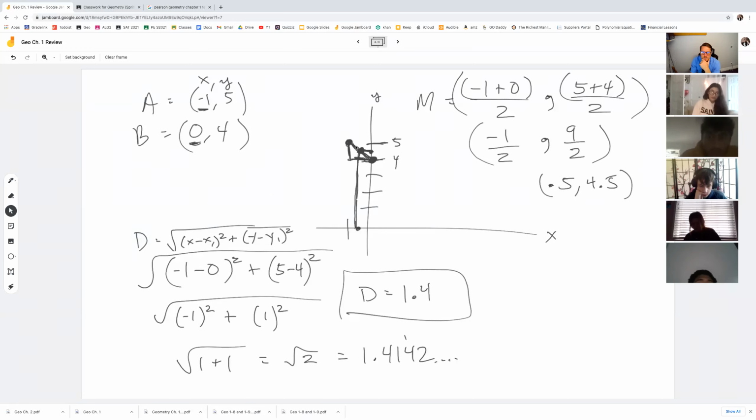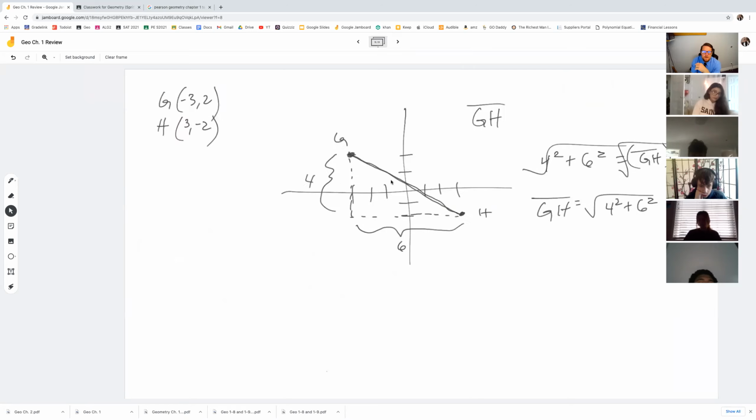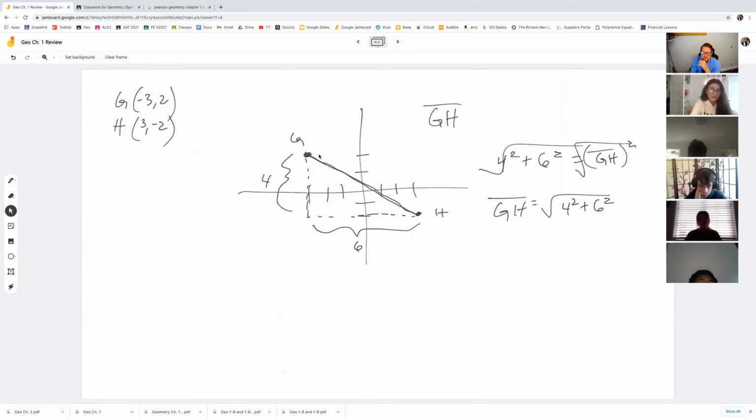The square root of 2 was our answer. You can simply find the length of each line by finding the difference between the points. 2 to negative 2 is a difference of 4 points. 3 to negative 3 is a difference of 6 points. So GH is equal to the square root of 16 plus 36. Now this one is 52.